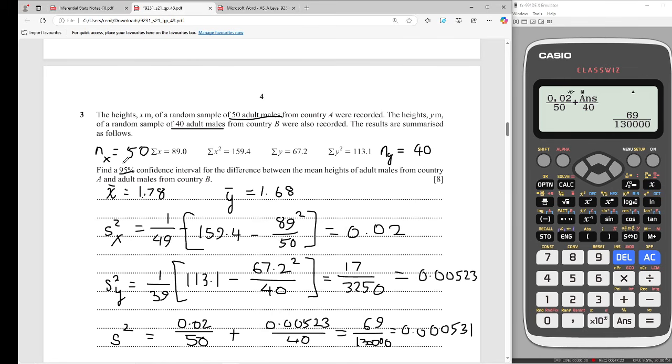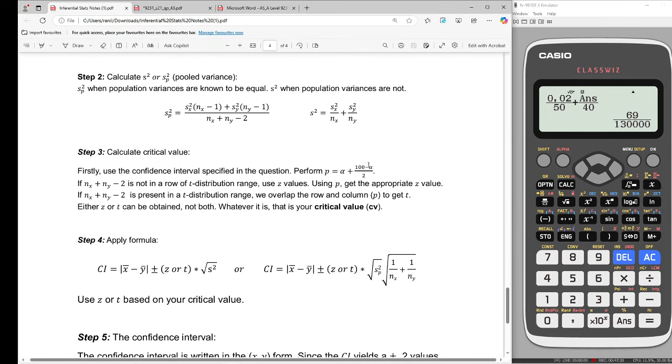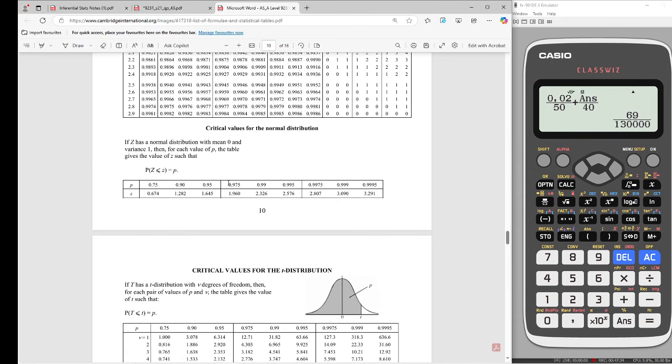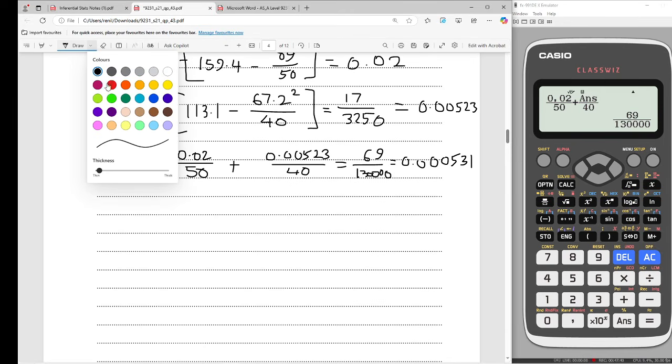So the midpoint between that is 97.5%. That's your P value. And you could use the formula right here if you don't know how to calculate, but it's really very mental just to calculate that. So 0.975, 1.960 corresponds to that.